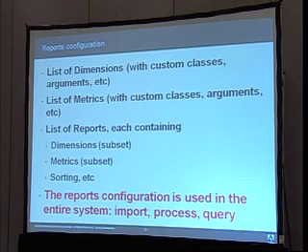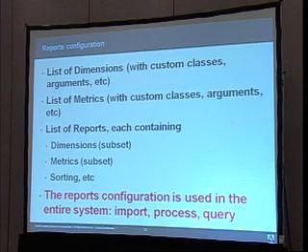So again, and this is really, really important, the same concepts come up over and over again. The report configuration is the central part of our system. All the components in the system, the import step, the process step, the query step, load the set of reports configuration and use it to make sense of the input data. The report configuration is pretty simple.